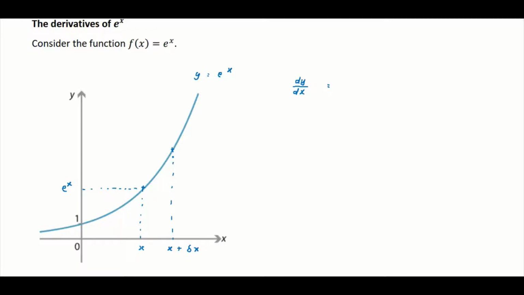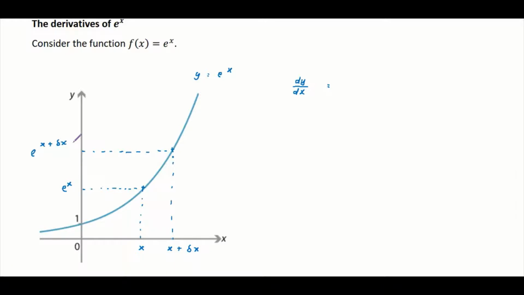Meaning if this is 5, then this is maybe roughly 5.5 and so on. Then we move it nearer and nearer. If that is x plus a small change in x, then my y will be e to the power of x plus small change in x, correct?